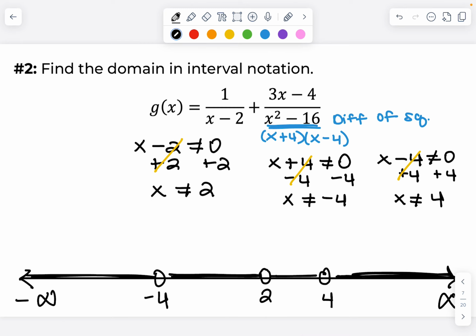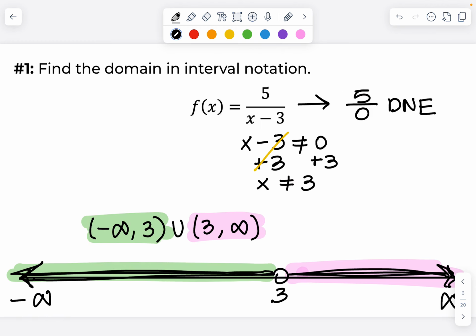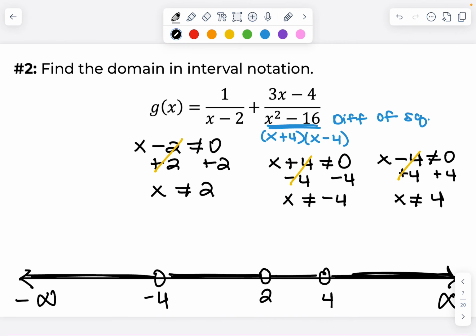So my interval notation is going to be a little bit trickier on this one. That's why sometimes this number line is really useful. It maybe wasn't as useful for the last one because we just had that one point where we didn't exist. But here it's really nice because it helps us stay on track. So I go from negative infinity to negative 4. I'm going to do my open parentheses, union, parentheses, negative 4 to 2.